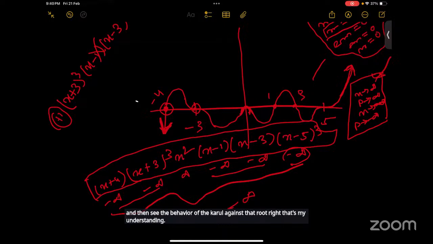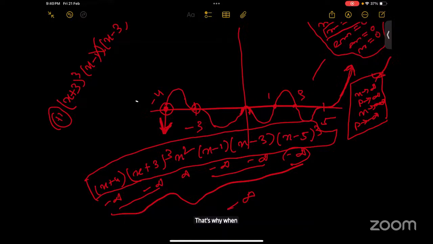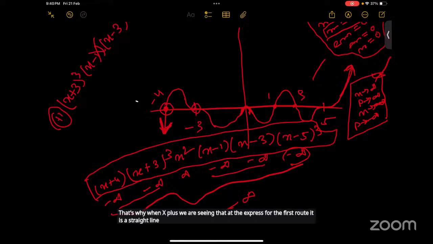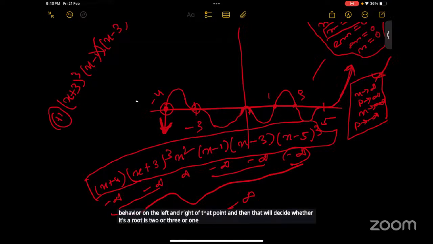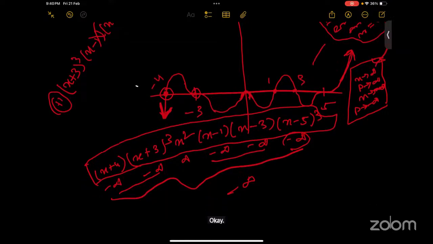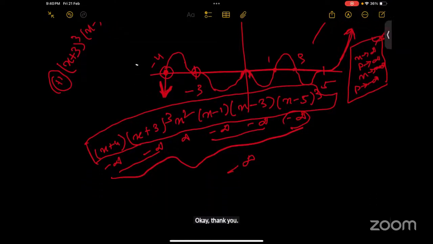That's why at x plus 4, the first root, it's a straight line, whereas x plus 3 takes a cube curve, a tilde type thing. So always look at the point and see the behavior on the left and right of that point, and that will decide whether the root's multiplicity is 2 or 3 or 1, right? Yeah, right. Okay, thank you.